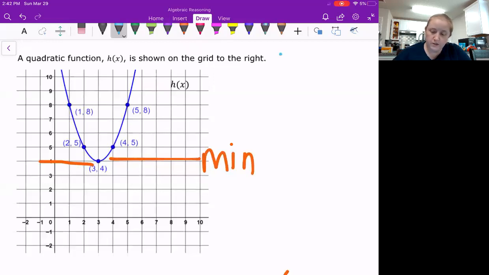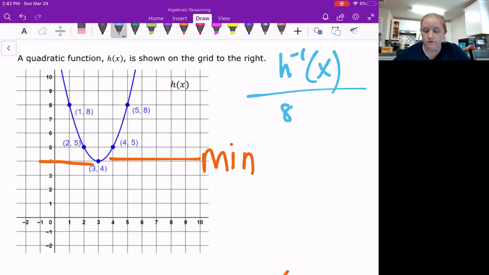All right, so for h inverse of x, we have 1, 8. So reverse that for 8, 1. So there's our first dot. And then we have 2, 5. So reverse that for 5, 2. There's our next one. Then I have 3, 4.